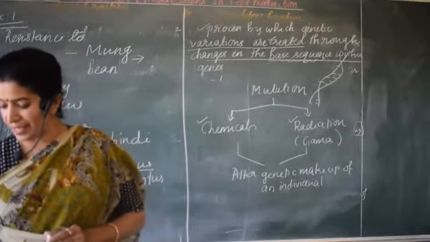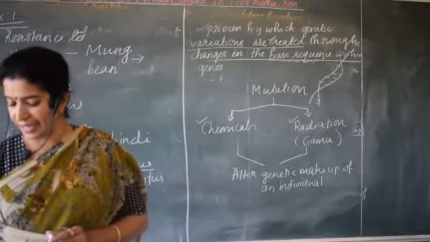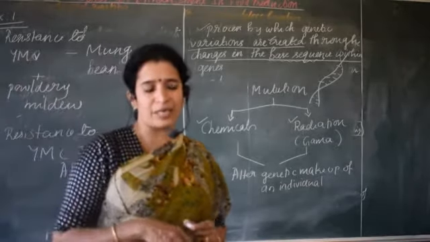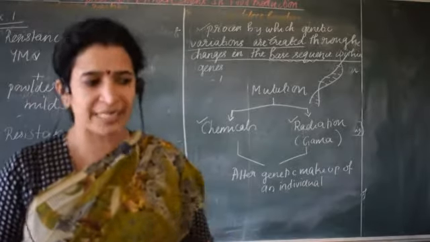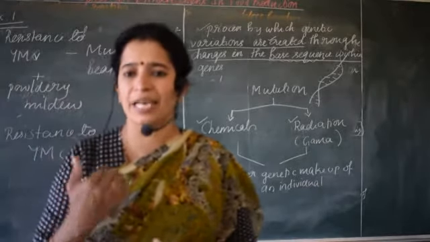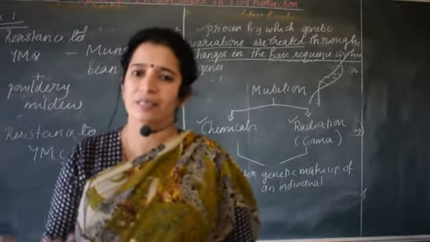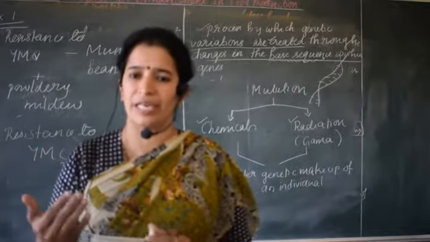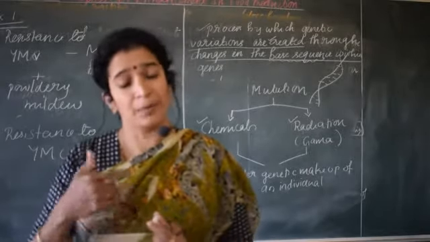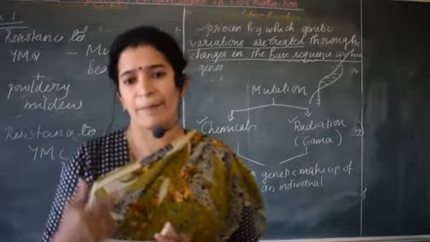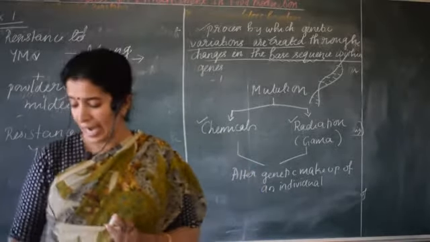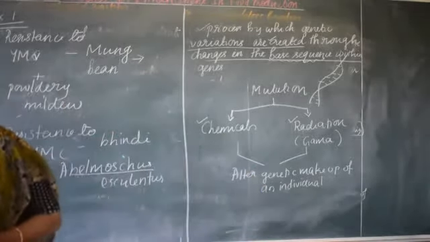So what are the reasons? Insect resistance in a crop plant against insects and pests may be due to morphological reasons, biochemical reasons, as well as physiological reasons.